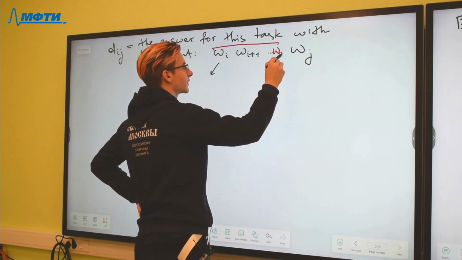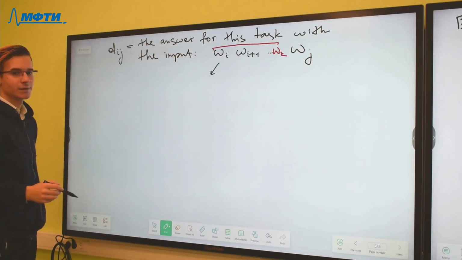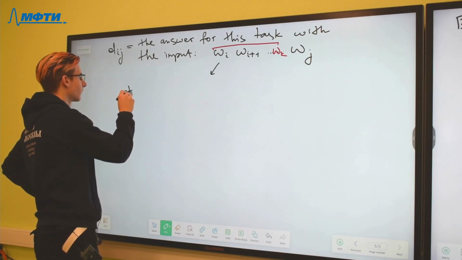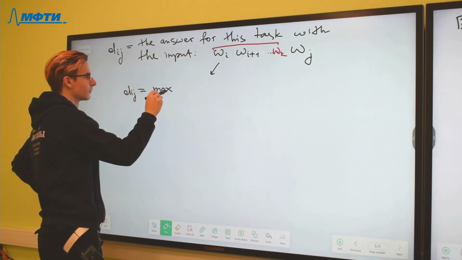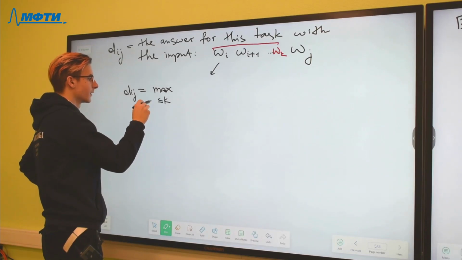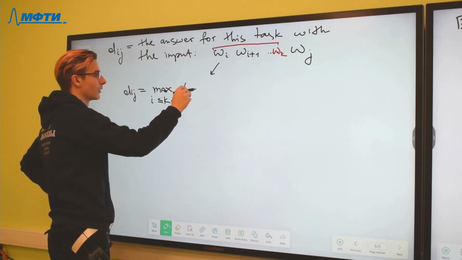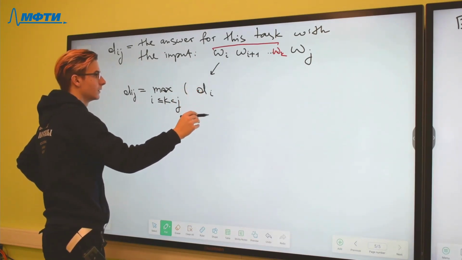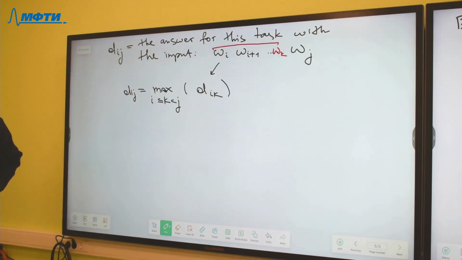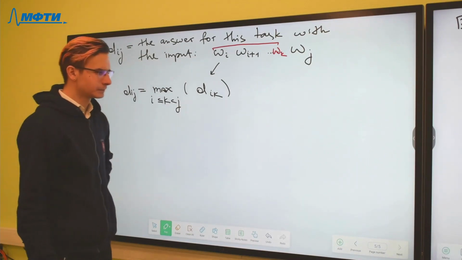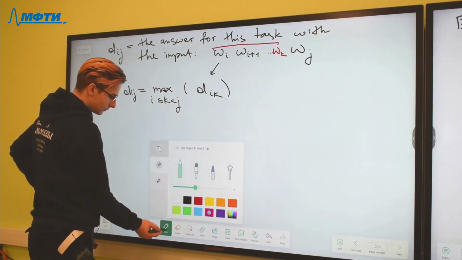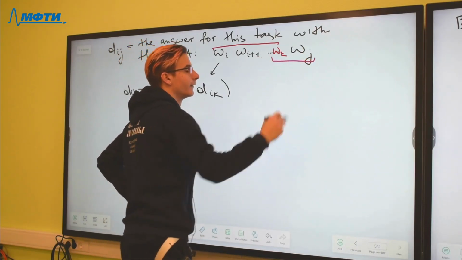I mean that, for example, here W has index K, and so we find D[E][K] as the maximum for index K that is bigger than E and less than G. But it is possible that the maximum palindrome will contain this part of the word.